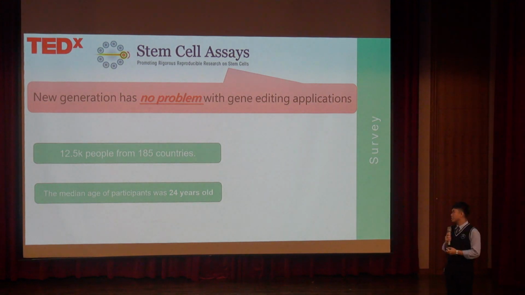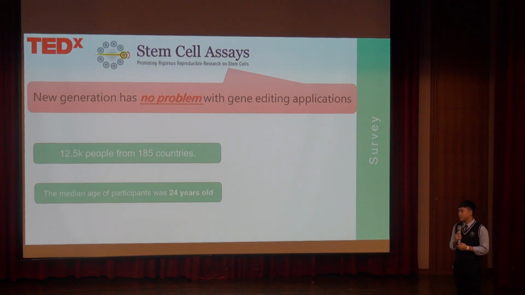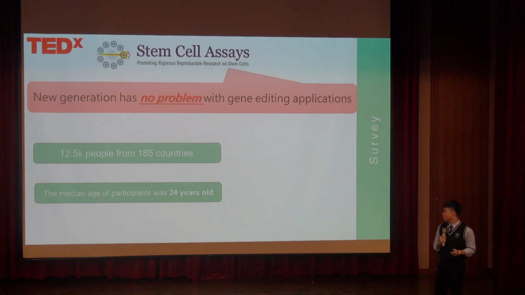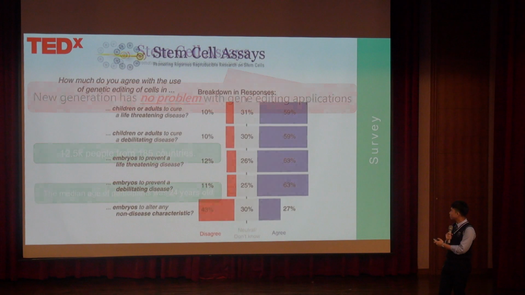According to a survey made by Stem Cell Assays, the result shows that the new generation has no problem with gene editing applications. The survey was made with 20.5 thousand people from 185 countries, and the median age is 24 years old.